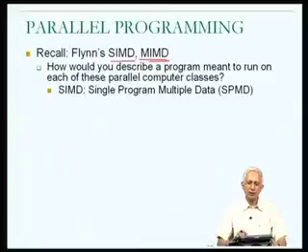And therefore, one could think about SIMD as having this property of the same program running on each of the processors, but each of the processors using a different piece of data. And one might think about the program in effect as being a single program, multiple data kind of a program. There's the same instruction executing on each of the processors, but they just happen to be using different data. Hence the name single program, multiple data.